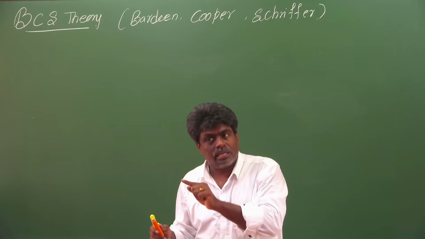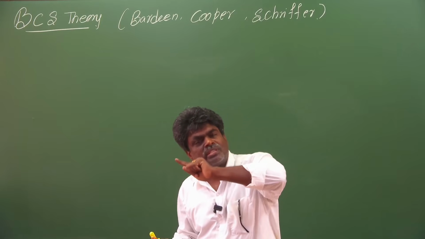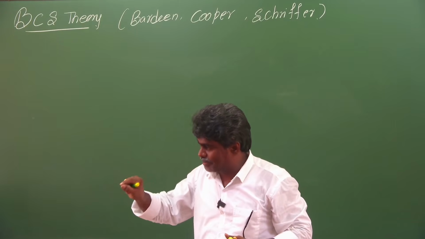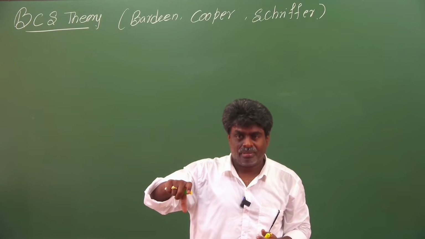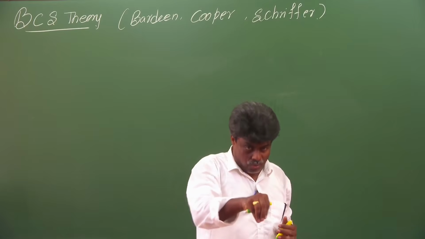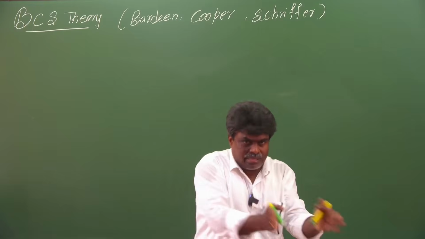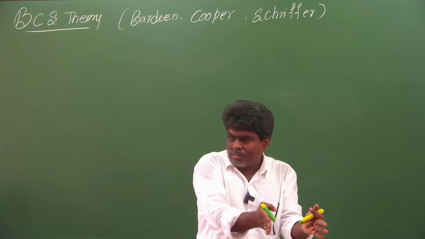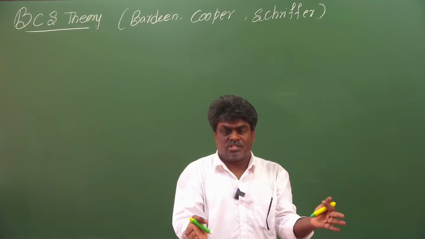So once again, if you consider a lattice with one electron, how does it interact with an electron which is far away? The first electron is disturbing the lattice. How? By attracting the nearby positive ion core. Then what happened to the whole lattice? It is disturbed.